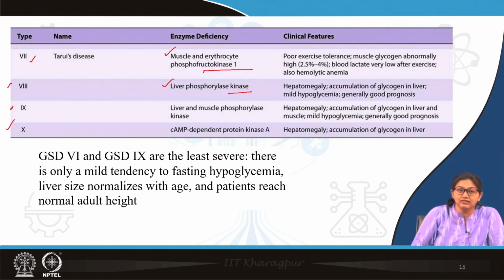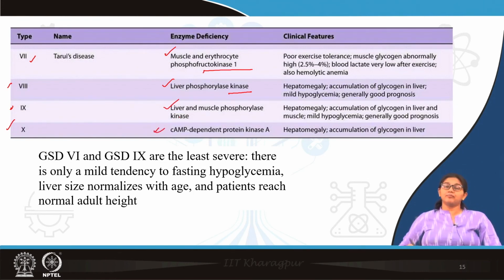In type 9, both isoforms of phosphorylase kinase present in liver and muscle are affected. And finally type 10, where cyclic AMP dependent protein kinase A, which is the important regulating enzyme of glycogenesis and glycogenolysis, is affected.